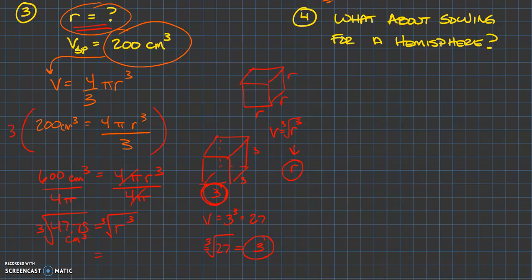All right, so when I take the cubed root, I get to r, but what is the cubed root of 47.75? Now, you're really only going to be able to do this if you've got a calculator. Yes, we can do it by hand, but it is quite laborious. If you take the cubed root of 47.75, it is approximately 3.6, but that would be centimeters because you're taking the cubed root of centimeters cubed as well.